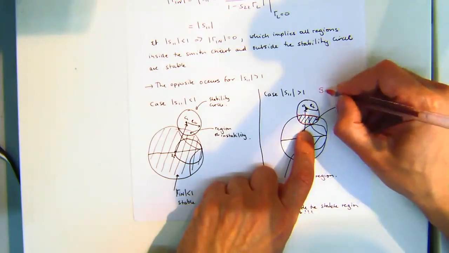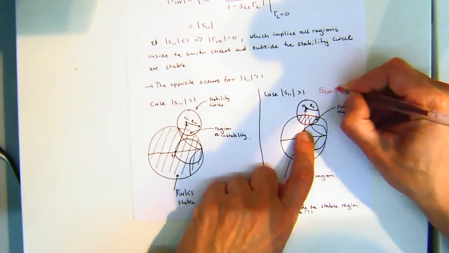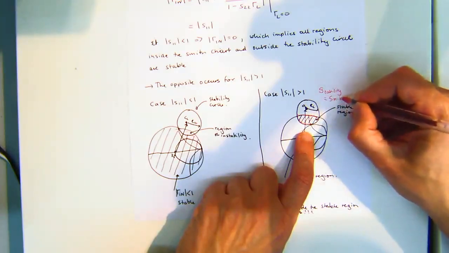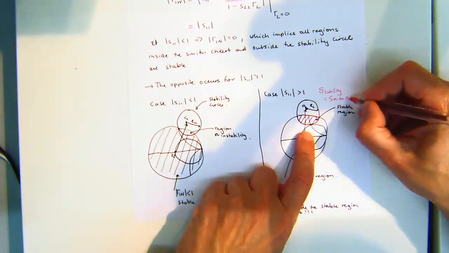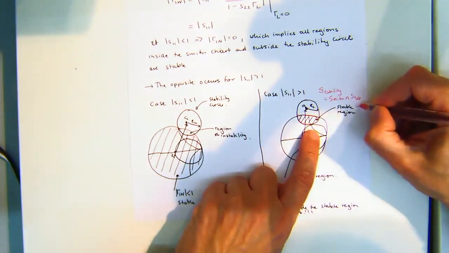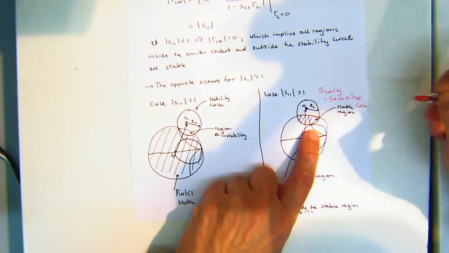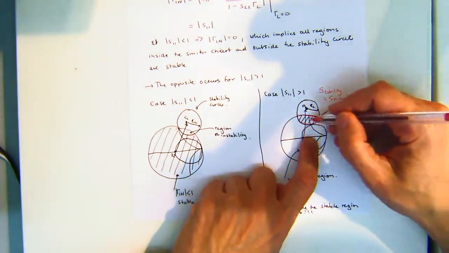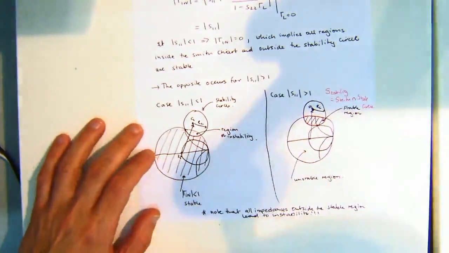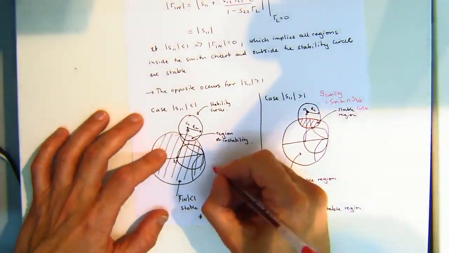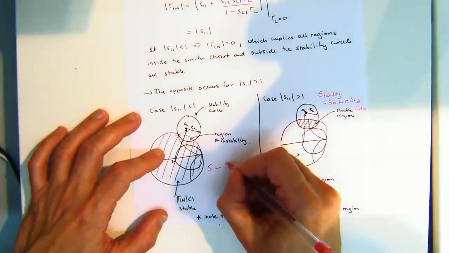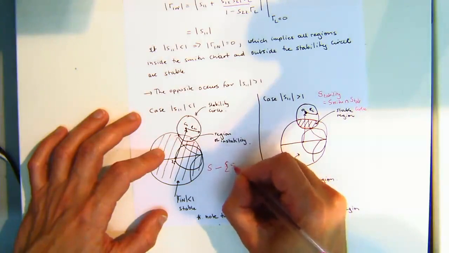Maybe if I write it: stability region equals Smith chart intersection stability circle. So it's this region. Does that make sense? Okay, and this one, it's the Smith chart minus the intersection of the Smith chart and the stability circle.